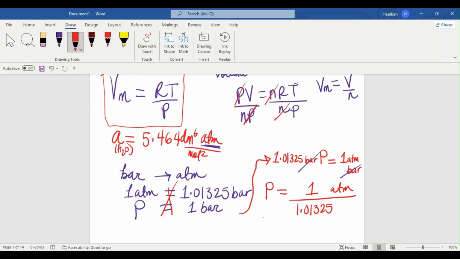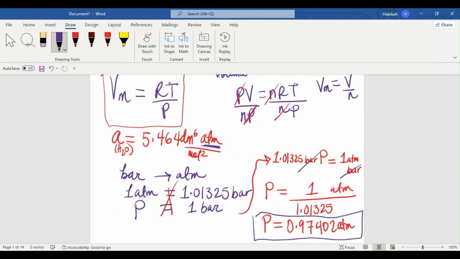When we do that in our calculator, we end up getting 0.97402 atmosphere. So that's basically the pressure we're going to be using. So we know the pressure, okay?